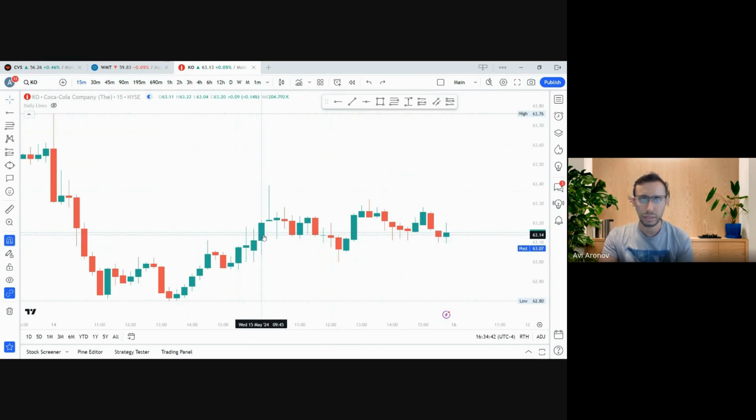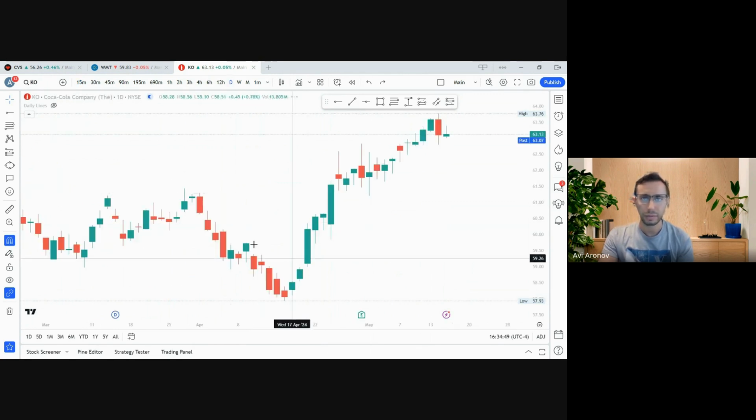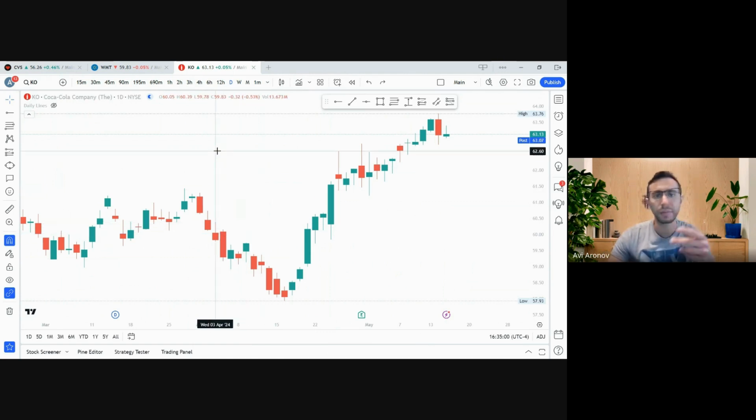In what sense? They look the same size, but they're really not the same size. So let's say here, this big one is 27 cents down. On a daily, even a small one like this is 32 cents, or 50. It's a very different time frame.